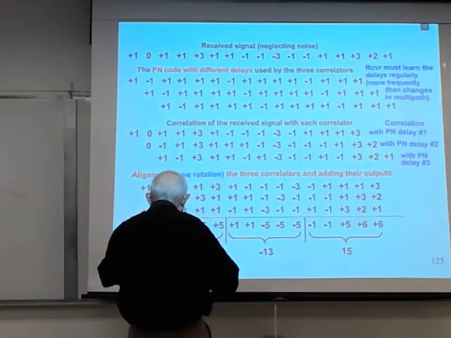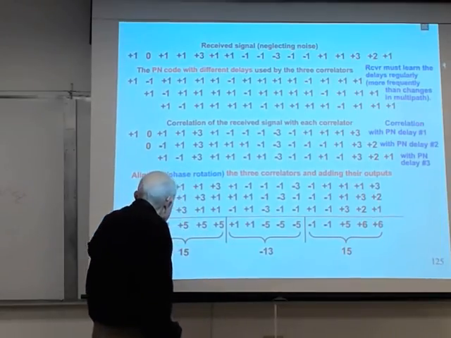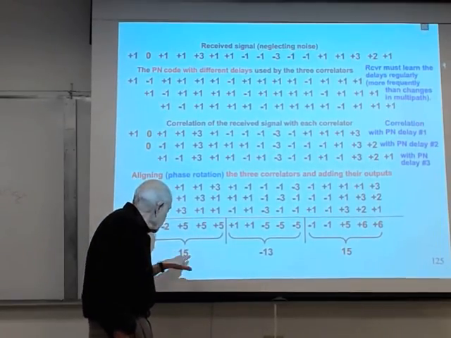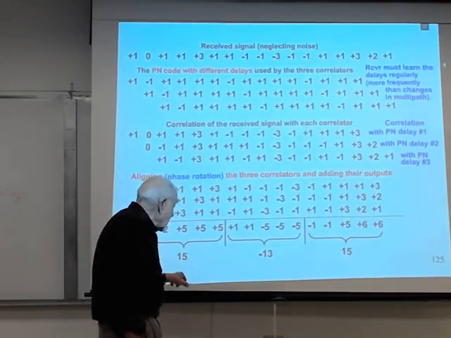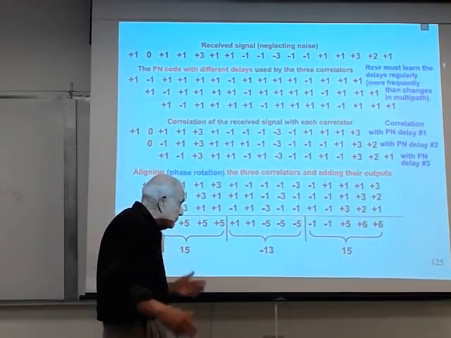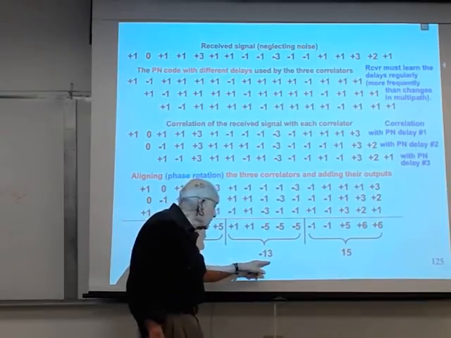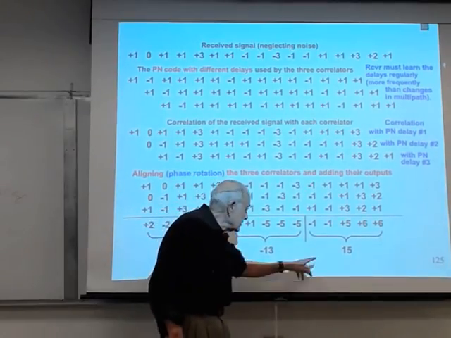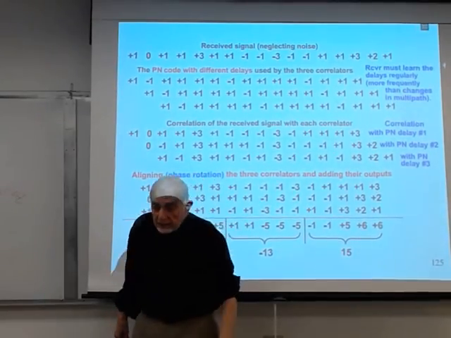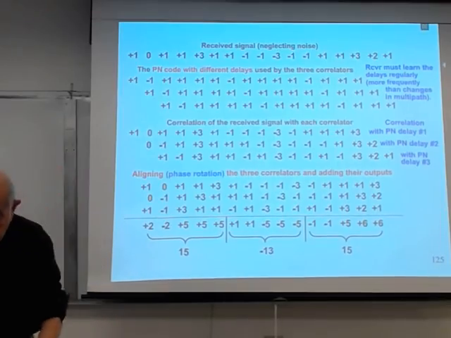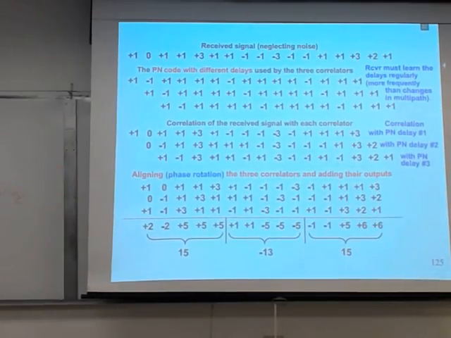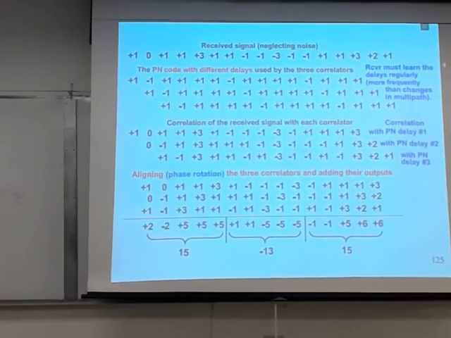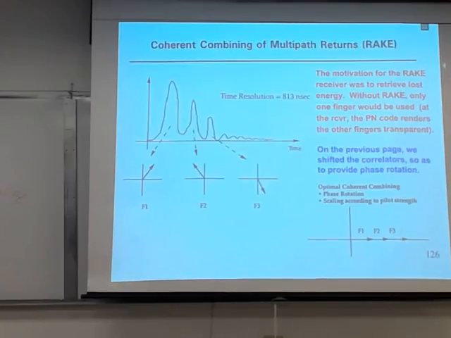I push them back into line, and now I sum them together, and I basically get a very highly positive number representing a positive going pulse, a negative number representing a negative pulse, and a positive number representing a positive pulse. So that's the operation of the rake receiver.